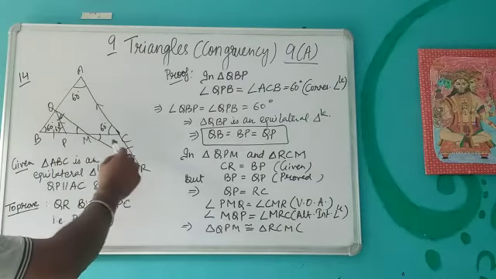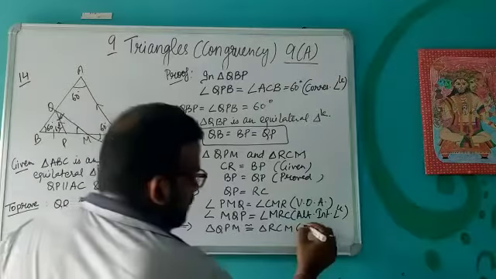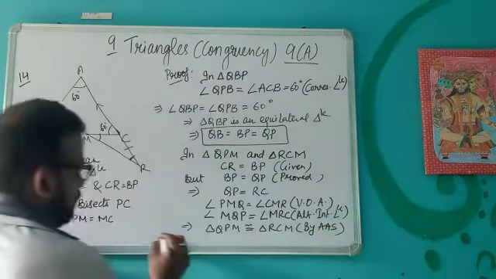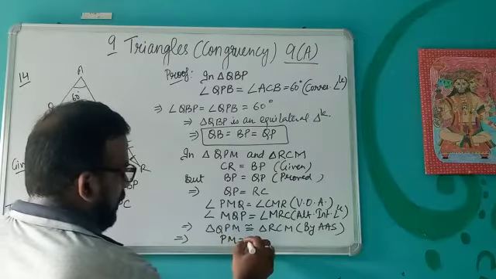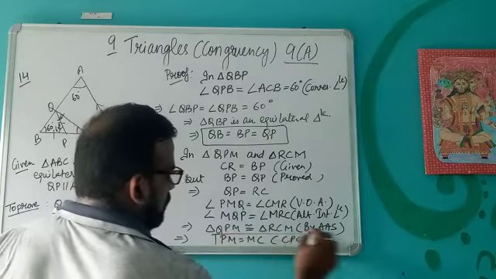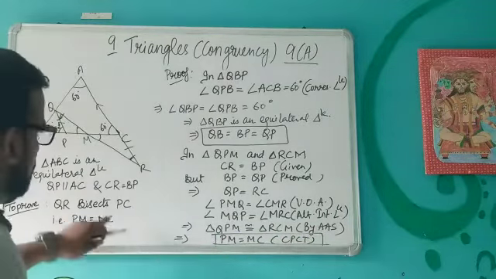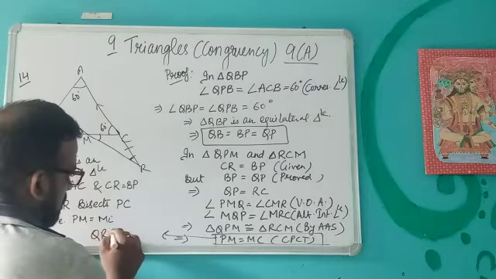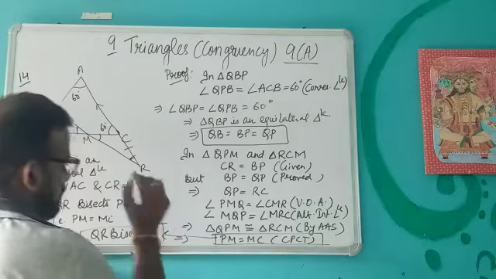See, this is angle side angle. So PM equal to MC by CPCT. Therefore, since PM is equal to MC, QR bisects PC.